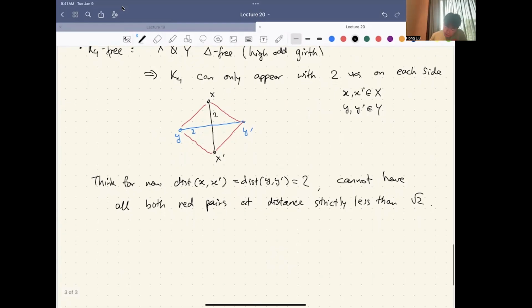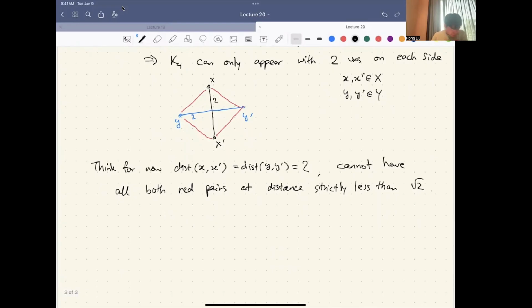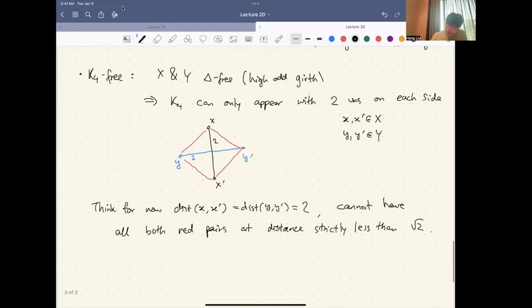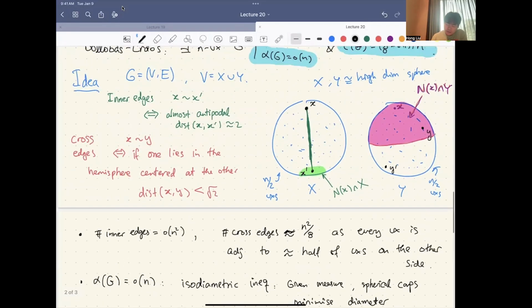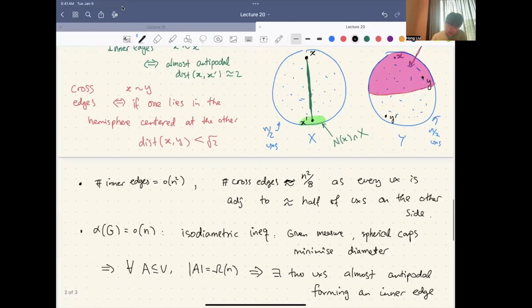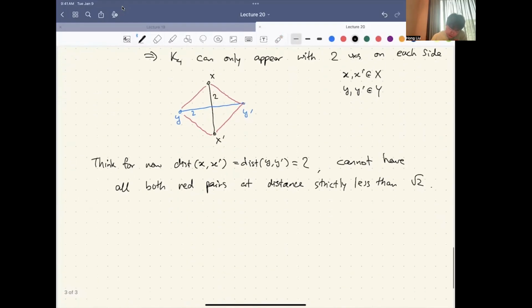Okay, so here's what we do. As I said, the vertex set will be uniformly distributed over a high-dimensional sphere. So what's the dimension? Here are the details.